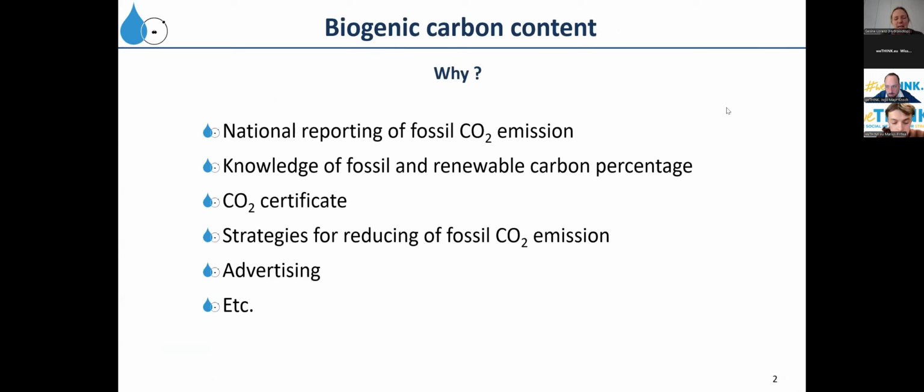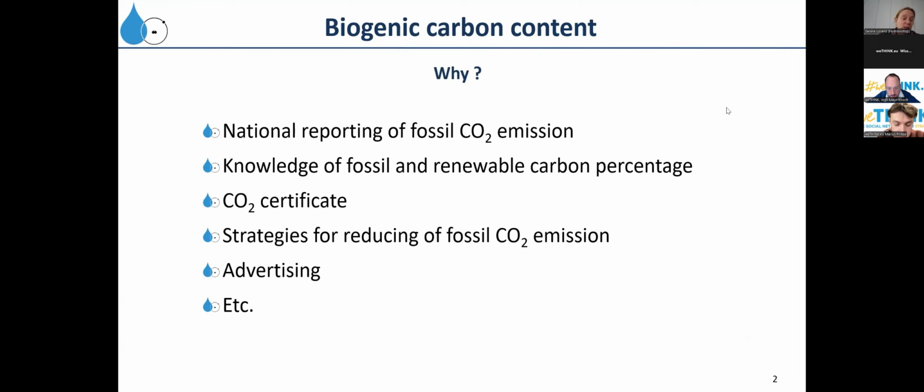Why do we need analytical methods? Why do you want to measure this renewable part of the carbon emissions? First of all, I guess it's the national reporting of fossil CO2 emissions within the EU or worldwide. Usually you need a better knowledge of fossil and renewable carbon percentage of all materials and emissions.